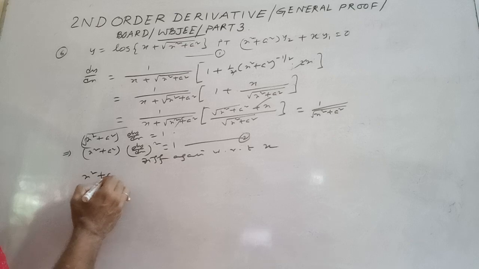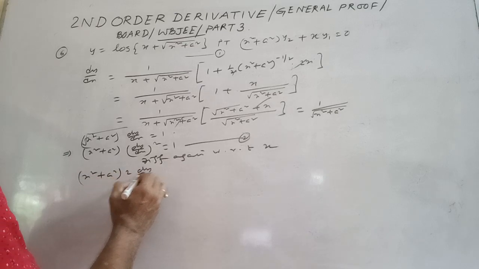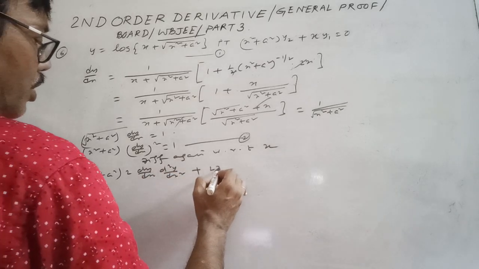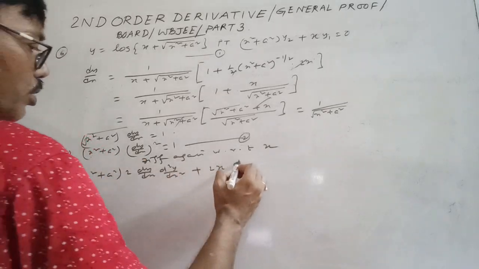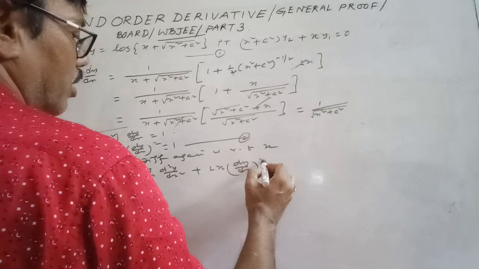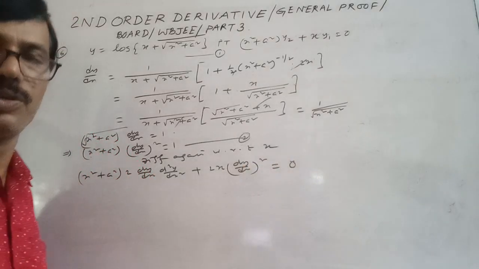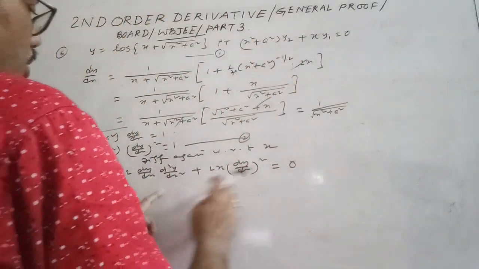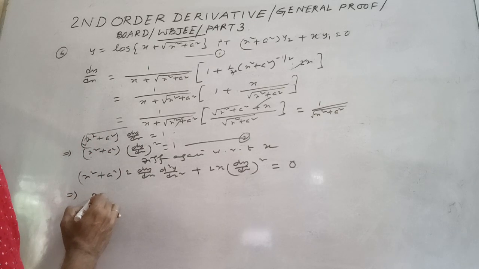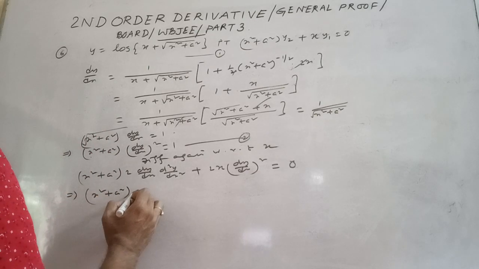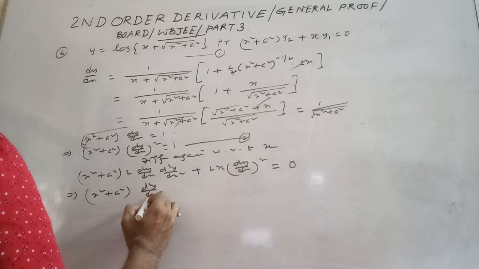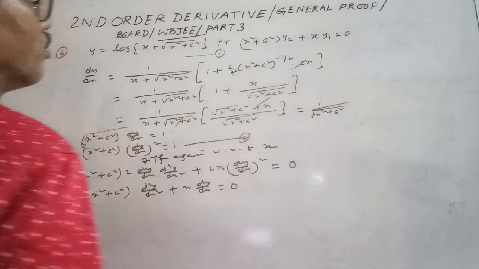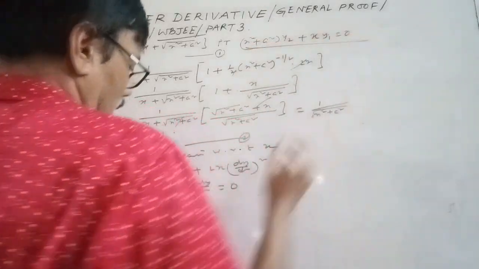So x square plus a square unchanged, 2 dy dx into d2y dx2, plus 2x into dy dx whole square equals derivative of 1. Now you know, if you take square on both sides, then 2 dy dx will be cancelled out. So x square plus a square into d2y dx2 plus x dy dx equals 0. So this is our answer.